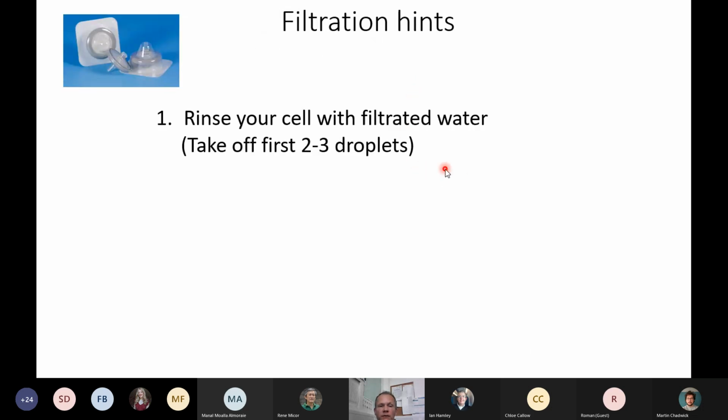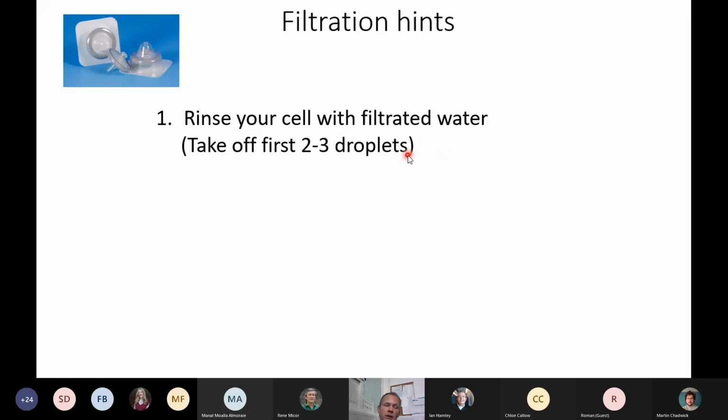When working with filters, always remember that filters could come in a box, in a special kind of envelope, or just without any packaging. So I would recommend you to rinse the filter first with filtrated water.